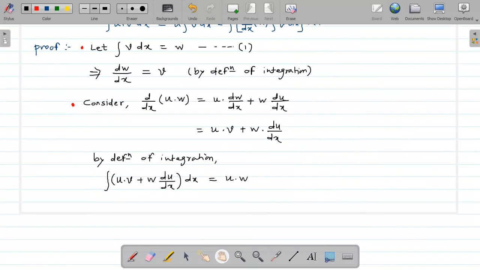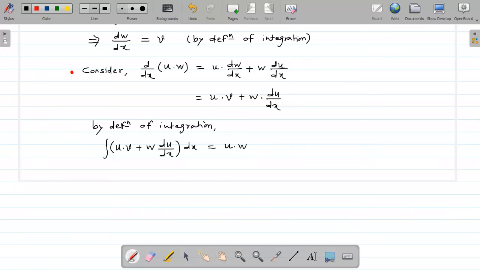Now modify this step so that you will reach the required rule. Here you can separate the integration on the LHS. So this can be written as the integration of u into v dx plus the integration of w into du by dx with respect to x is equal to u into w. Now see the left hand side of the rule.